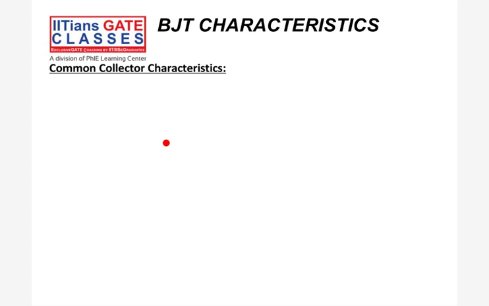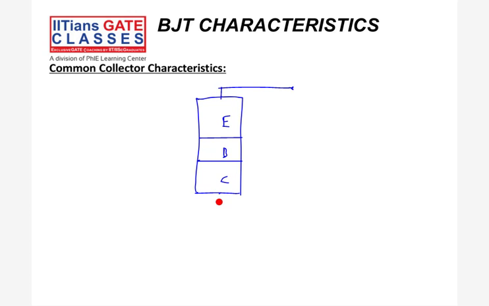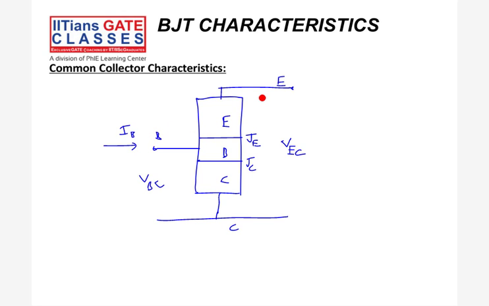Now we'll come to the common collector configuration. In the diagram, here we can see the emitter, the base, and the collector. Here is VBC, here is VEC, this is JE, this is JC, the current here will be IB, and here will be IE.